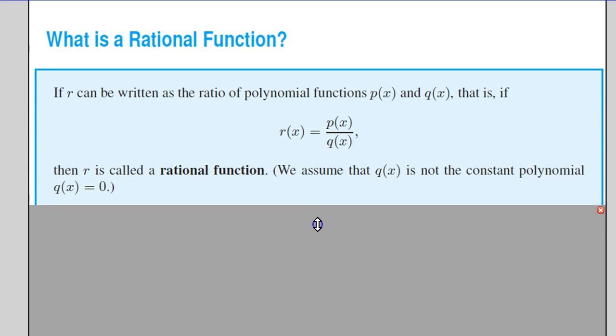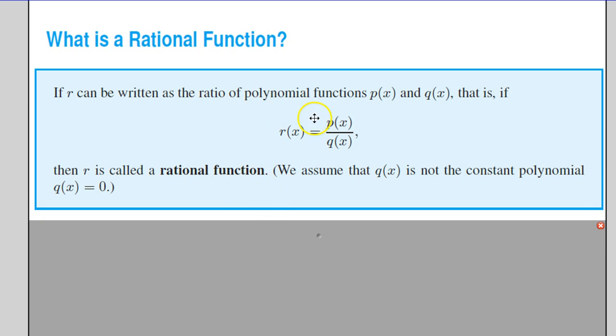By definition, if function r can be written as a ratio, in other words, dividing two polynomial functions p of x and q of x, then we say that r is called a rational function. We assume in all cases for a rational function that the denominator function q of x is not the constant zero polynomial function.